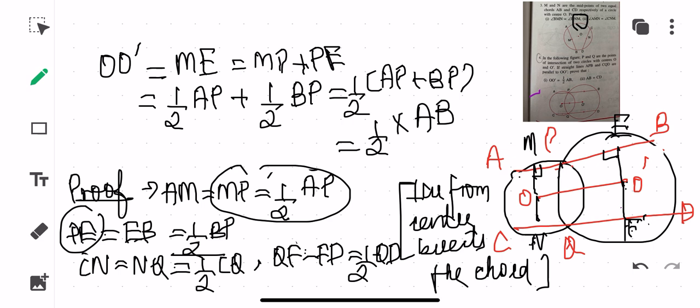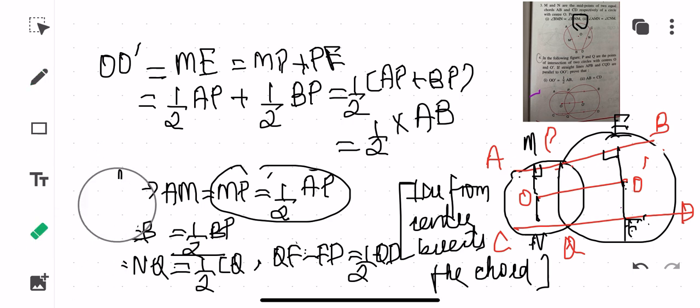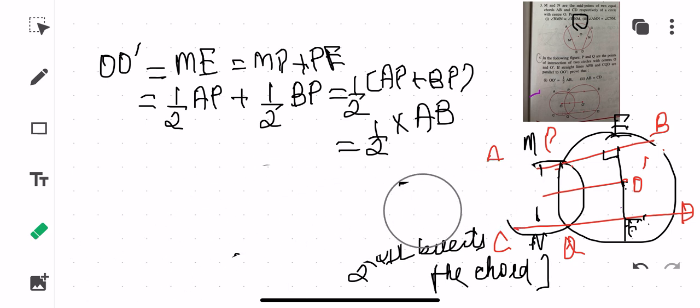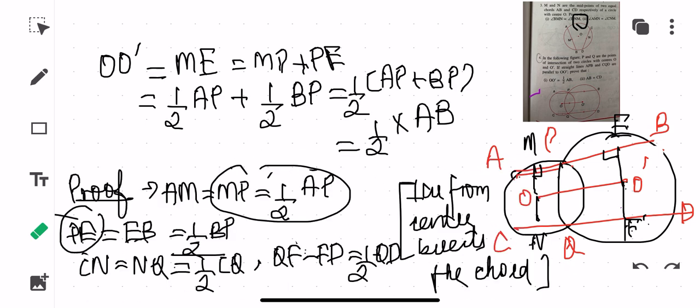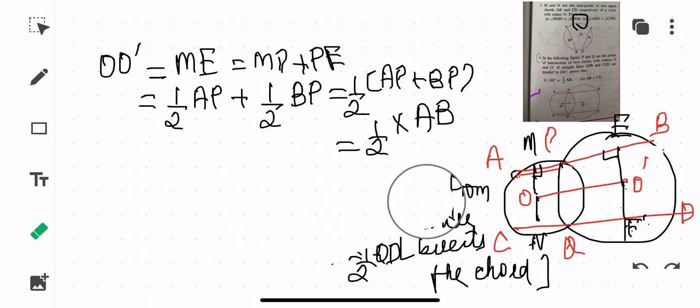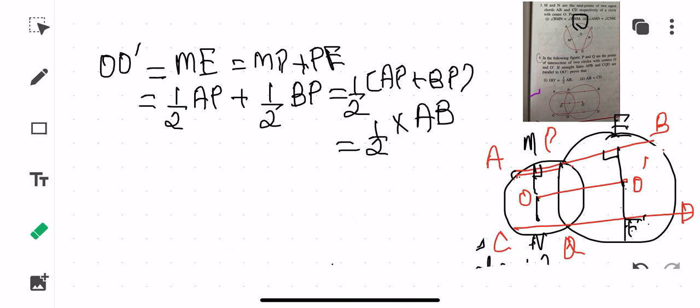Now, children, see the second part. How does the second part go? We'll just bring this back because we want the figure also. So for the second part, AB is equal to CD, how are you going to prove? For the second part, you will be writing that OO dash is also equal to NF. And NF in turn is equal to NQ plus QF.